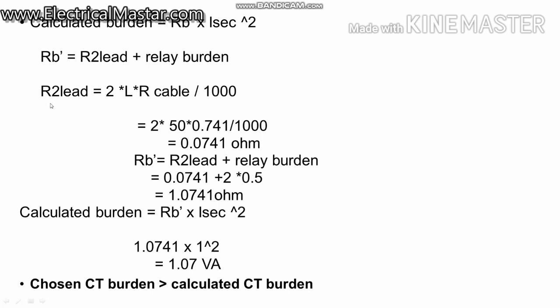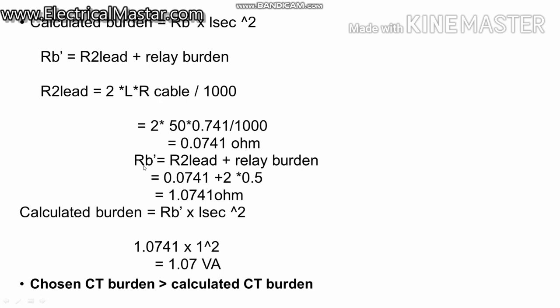R2 lead equals 2 into length of the cable into resistance of the cable divided by 1000. So we put 2, length is 50 meters, and resistance of the cable is given as 0.741 ohm. Divided by 1000, you will get the value 0.0741 ohms. So this is the R2 lead value.